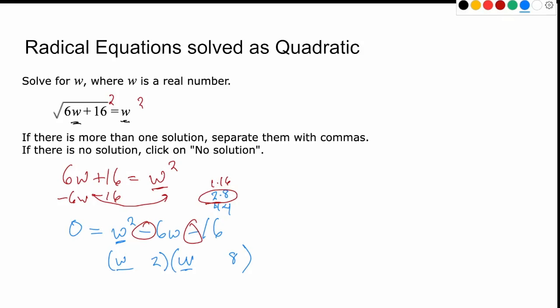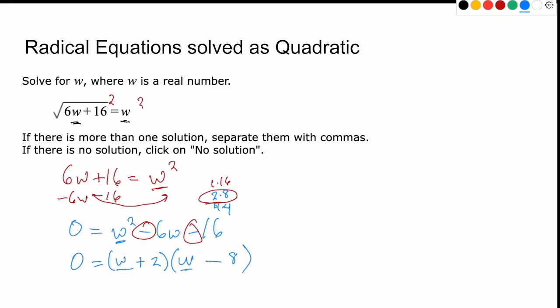So we want to put the negative on the larger product. This is going to give us an 8w, so we want that to be negative. This one will be positive, because a positive times a negative gives us a positive. Again, you can FOIL this out and check it, but it will work.